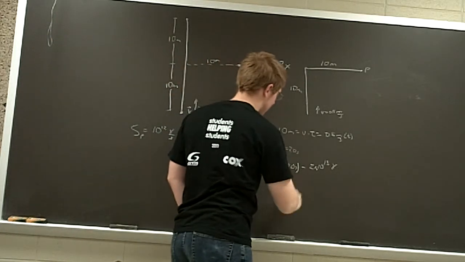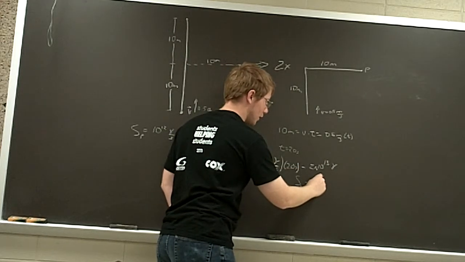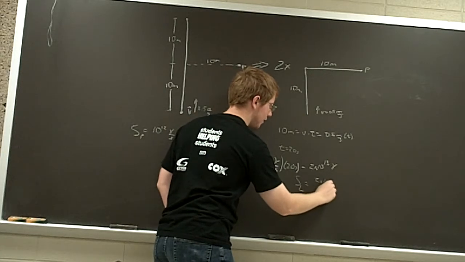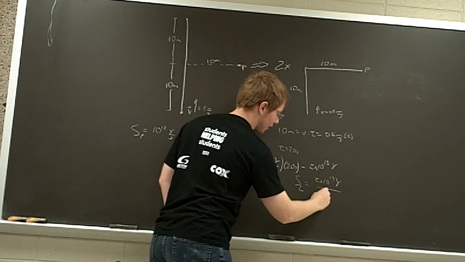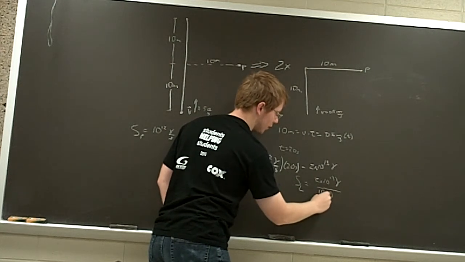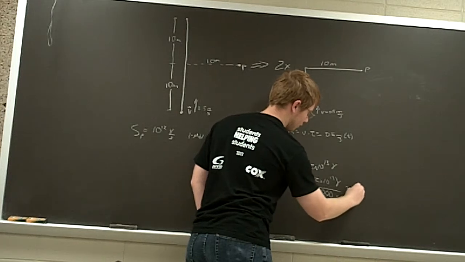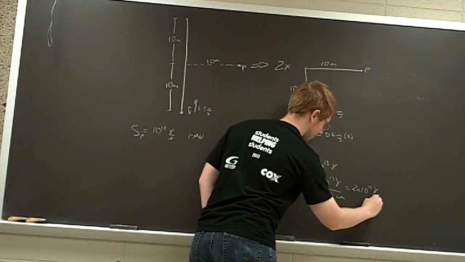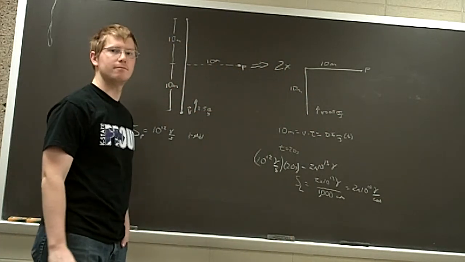So our line source, we're just going to convert this into a line source. And we want this to be photons per centimeter. So 2 times 10 to the 13 photons over 10 meters, I'm sorry, 1,000 centimeters. So it's going to be 2 times 10 to the 10 photons per centimeter. Everybody okay so far?